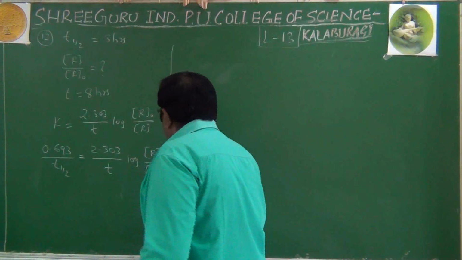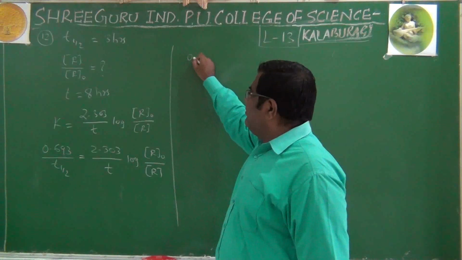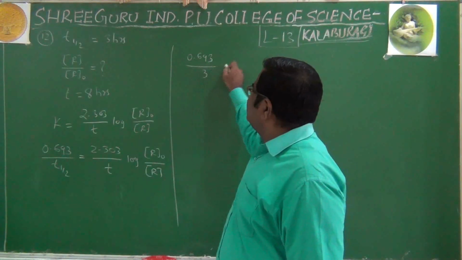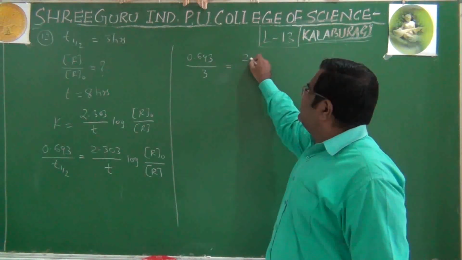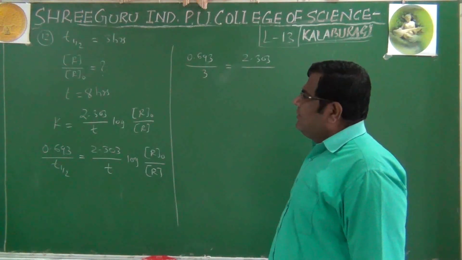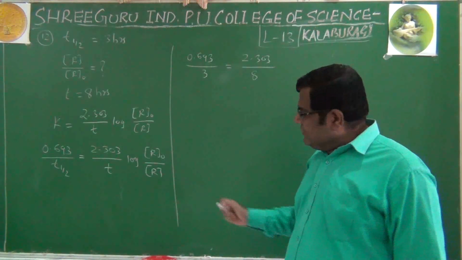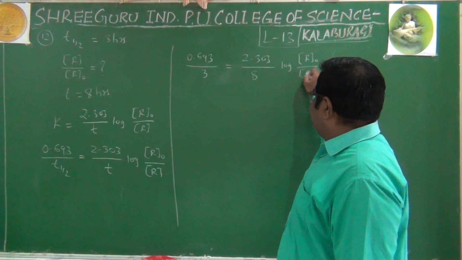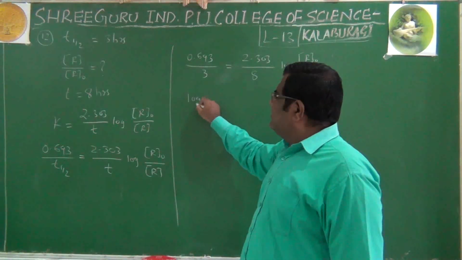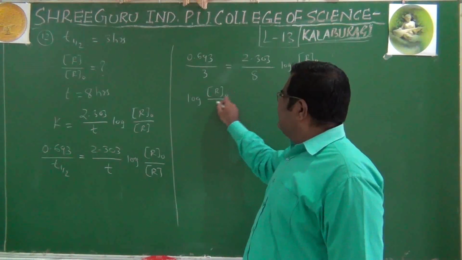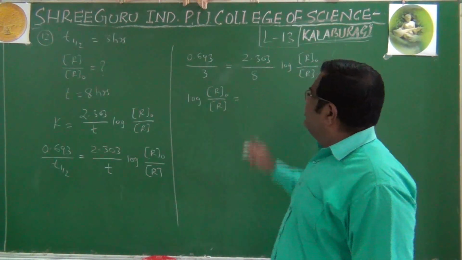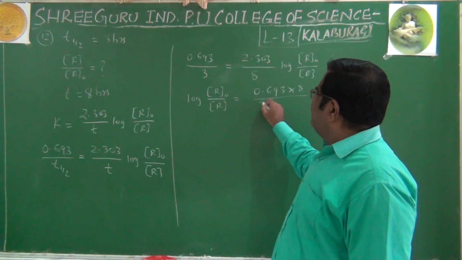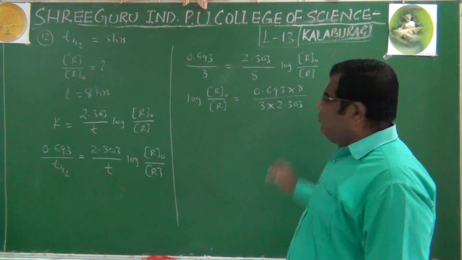Now we can substitute the various terms here. 0.693 divided by T half, which is 3 hours, equals 2.303 by the time period for which this calculation is to be done, 8 hours, log of R0 by R. We can take this unknown term to one side: log R0 by R equals 0.693 by 8 divided by 3 multiplied by 2.303.